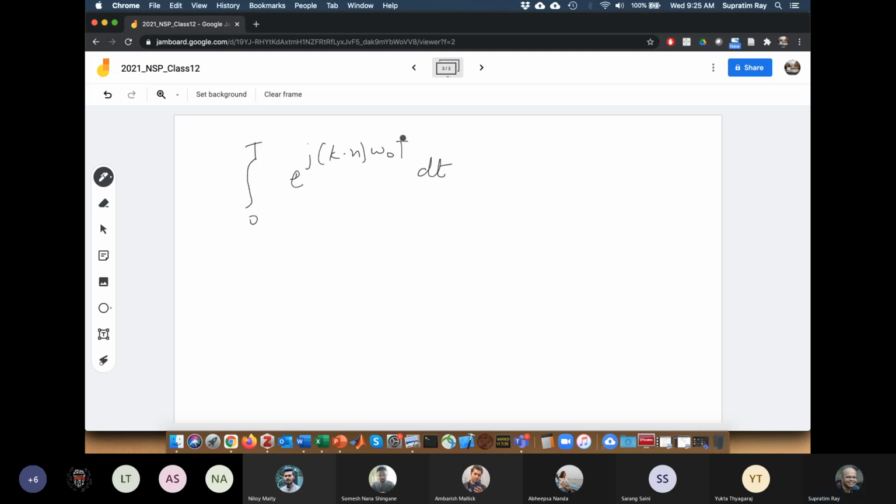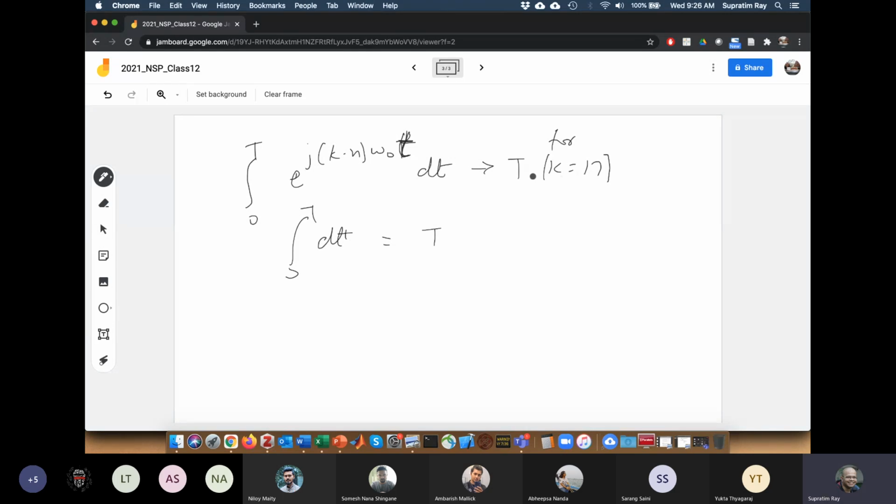So when k is equal to n, what does this become? When k is equal to n, the exponent is 0. So what do I get here? It's just dt. So this is just the integral of dt over 0 to T, so it is just T. This is straightforward for k equal to n, right?